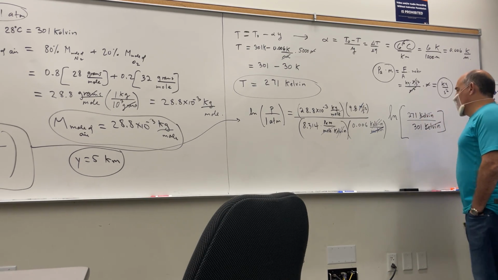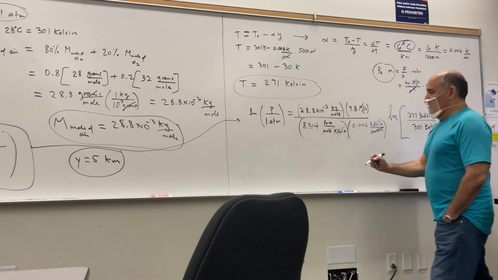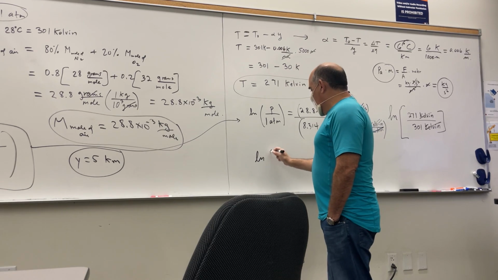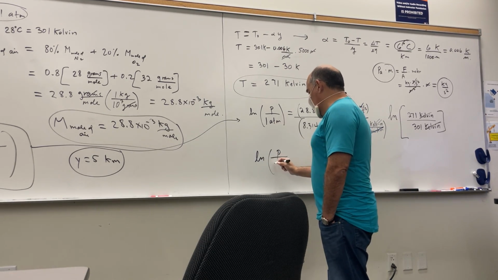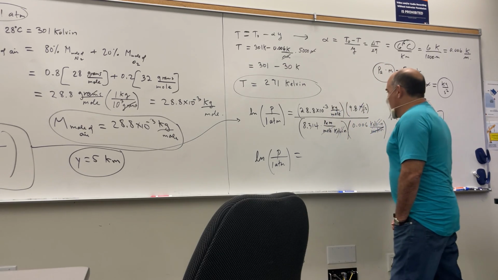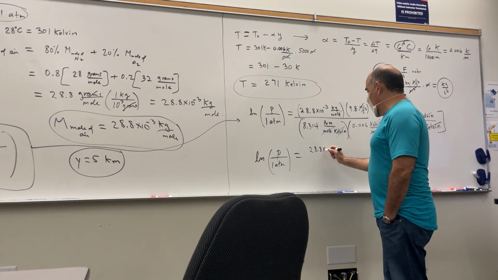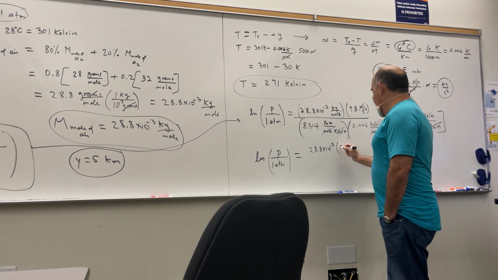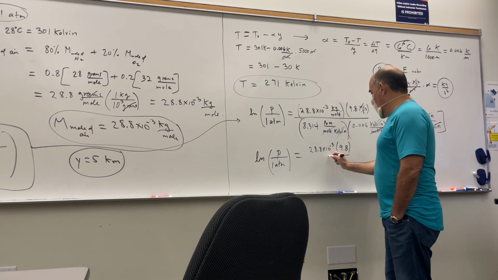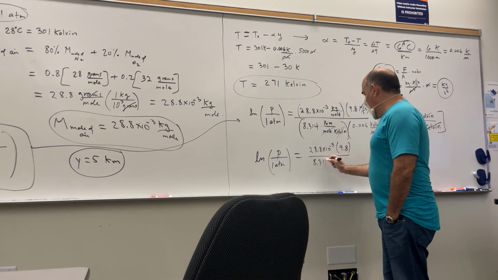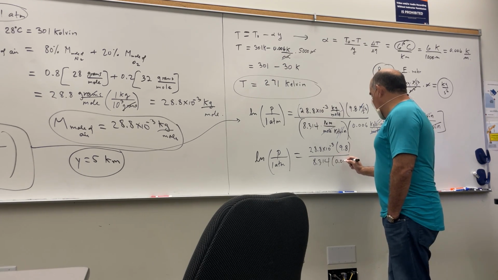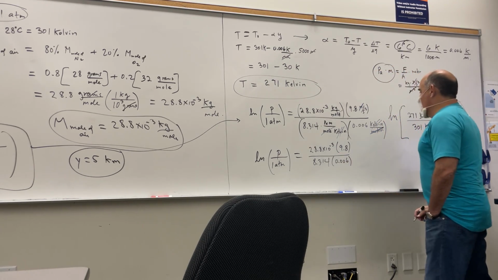So these units cancel. And so we get that the natural log of P over P naught, which is 1 atm if you like, equals, let me just put in the numbers, 28.8 times 10 to the minus 3, 9.8, 8.314, 0.006, and what do we have left?